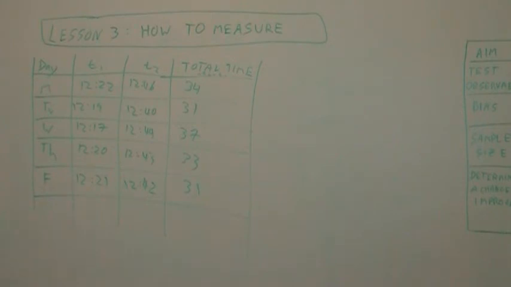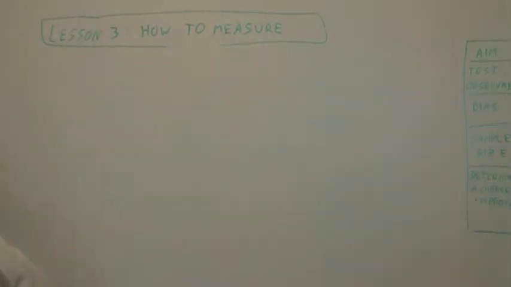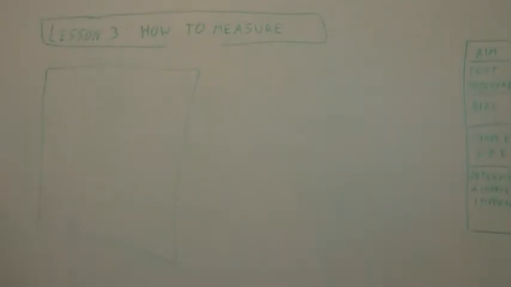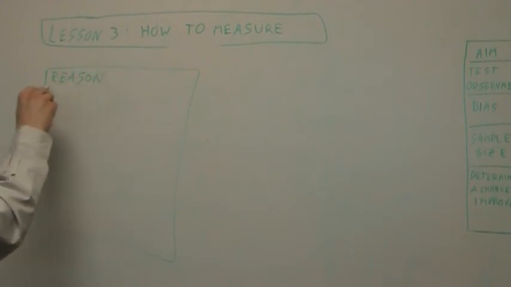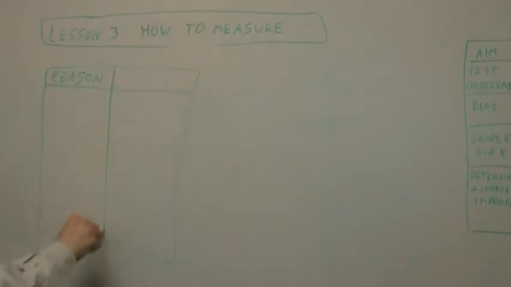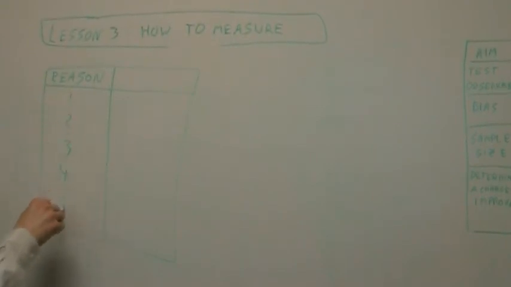Let's take an example of where a quality improvement team is working on reducing patient falls in their facility. The team takes a sheet of paper and lists all the primary reasons why a fall might occur. So we have reason 1, reason 2, reason 3, 4, and so on down.